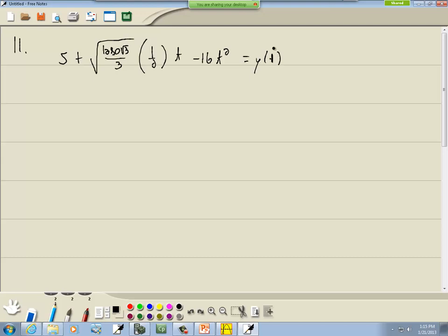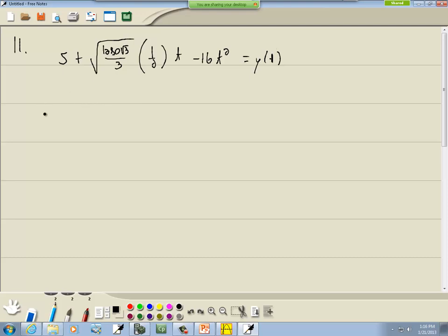Just out of curiosity, I wonder what that's equal to, that v. So square root of 1280 times the square root of 3 divided by 3. Velocity is 27.18. It's not very much for a ball hitting. Probably like how I'd hit.